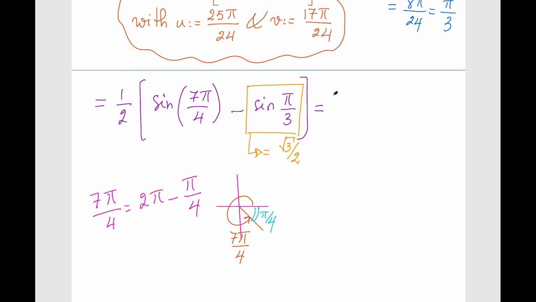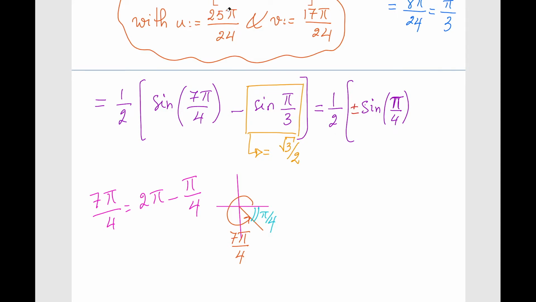We get half times sine of 7 pi over 4, which is the same trig function, sine, acting on that reference angle pi over 4. But the question is, which sign is it, plus or minus? The sign here is negative, so it's going to be minus.